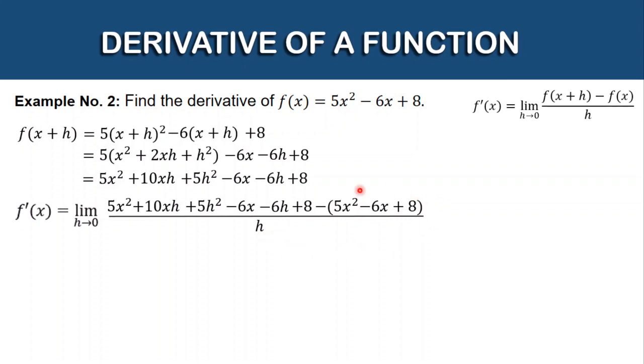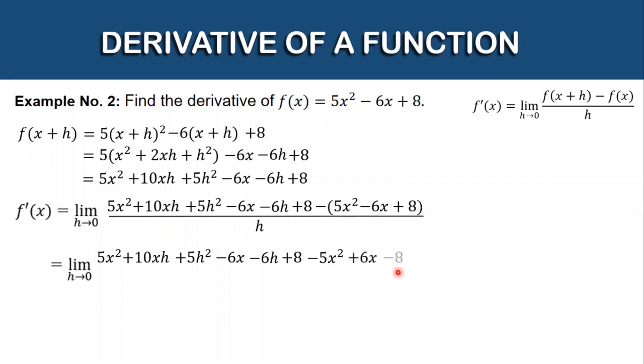Then, dito pwede nating i-simplify itong part na ito by distributing the negative 1 dun sa lahat ng terms ng nasa loob ng parenthesis natin. So, the limit of 5x squared plus 10xh plus 5h squared minus 6x minus 6h plus 8, then minus 5x squared plus 6x minus 8 all over h.